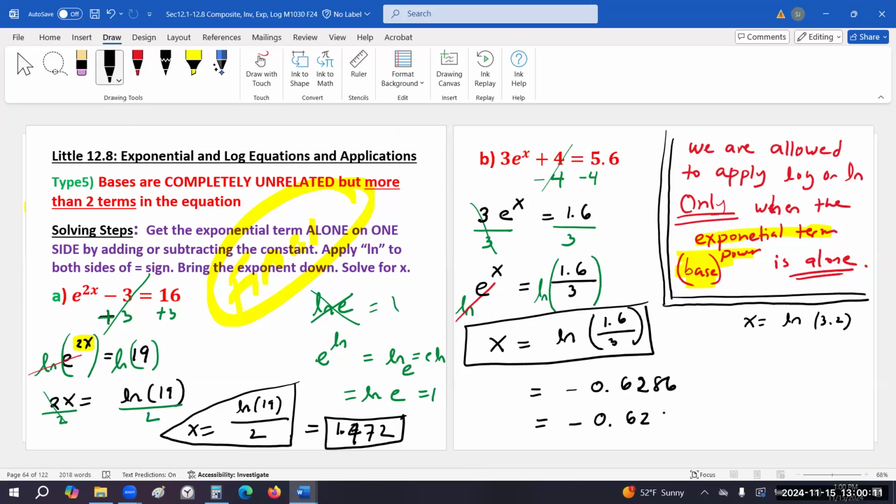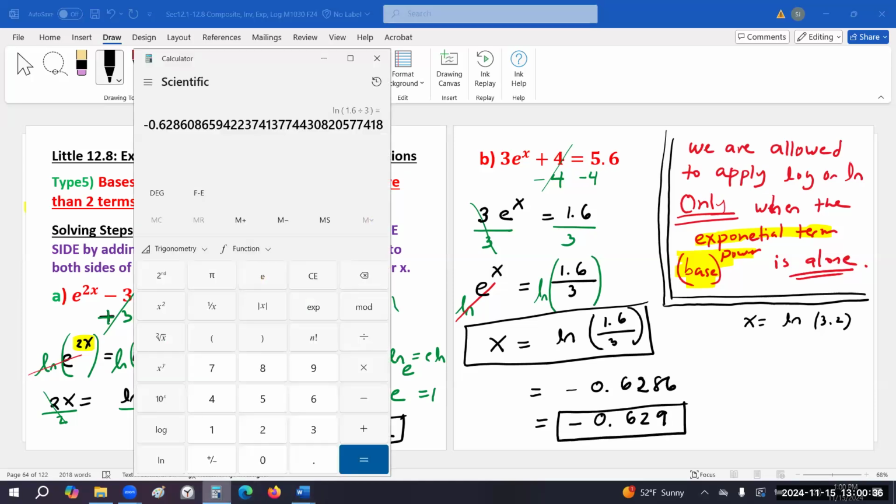If you want to round to 3 places at the end, then you have to put 4 or 5 places inside. So that's why don't do this math. Keep it and do it directly, ln of 1.6 over 3. It will give you the accurate result. Right? 0.6286, so 8 becomes 9.